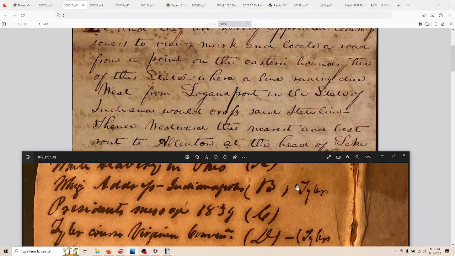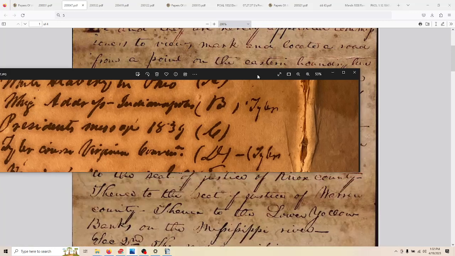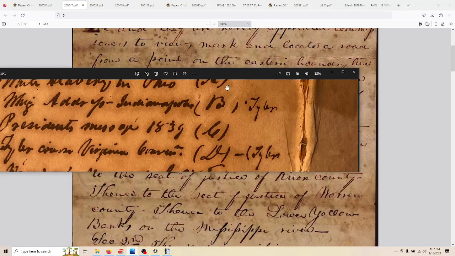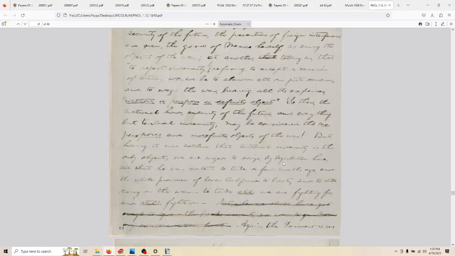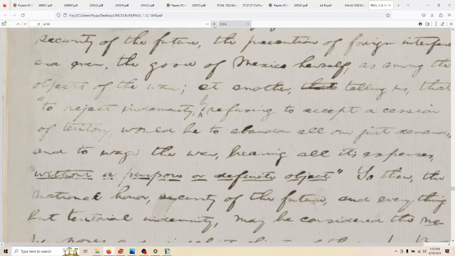Okay, next we look at the word Tyler. You see this little hook of an R at the end. If we look at his speech on Texas in 1848, page 10, and a few other pages, there are some really good examples of this R. And let's just take a look.